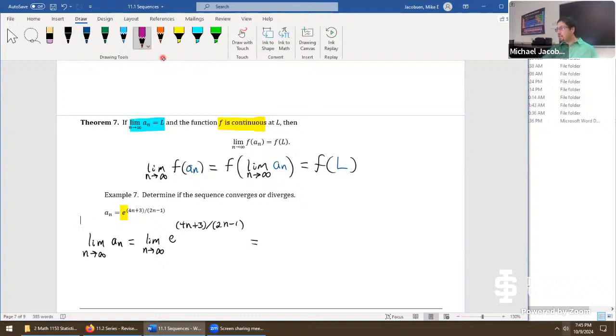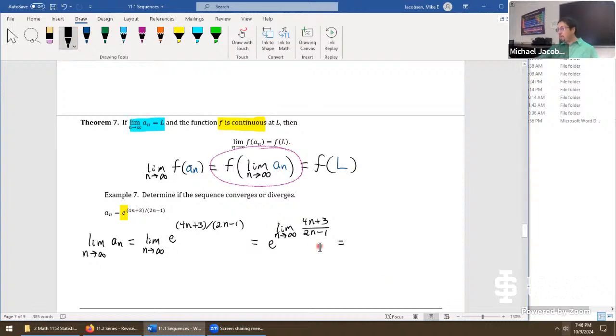We get this to happen: the limit operator commutes up into the exponent position. We have the base e exponential to the power of the limit as n goes to infinity of 4n plus 3 divided by 2n minus 1.